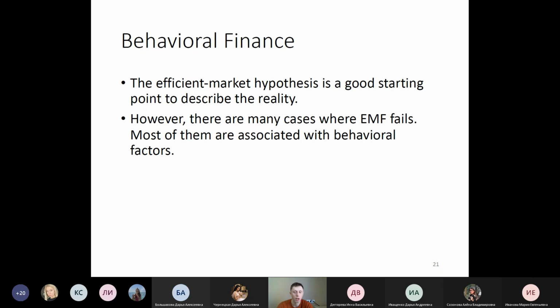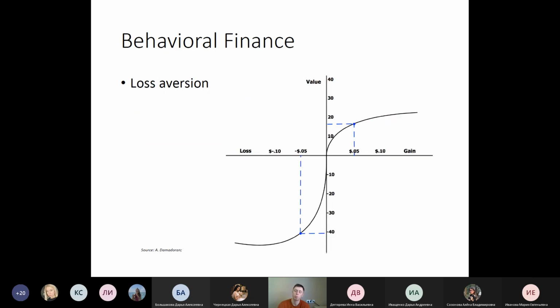But in the second half of the 20th century, there were findings of some prominent researchers who subsequently received Nobel Prize for their findings, and their findings state that people in their behavior quite frequently deviate from full rationality, and there are some systemic deviations from this complete rationality, and behavioral finance is an area that studies such behavior.